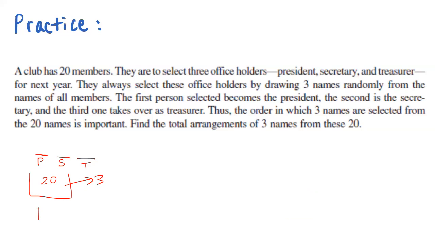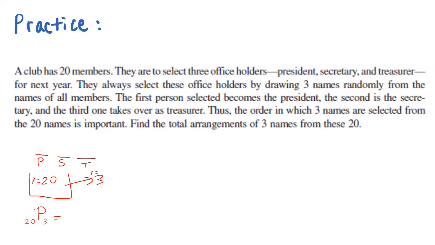So we can directly solve it using the formula of permutations. So this is PNR. N is 20, right? R is the number of elements you draw from the container. So P(20,3), this is the solution for this question.